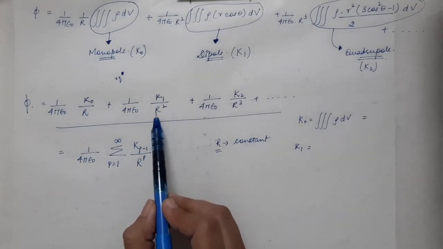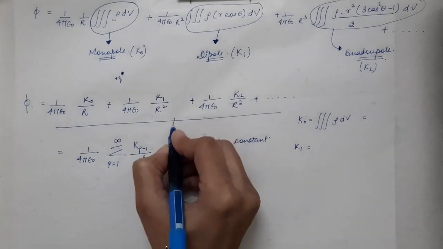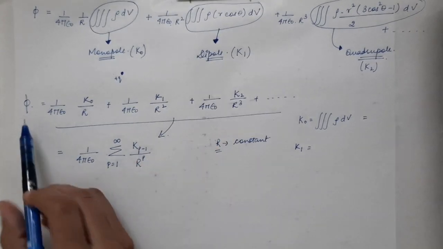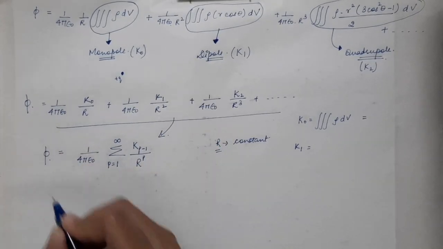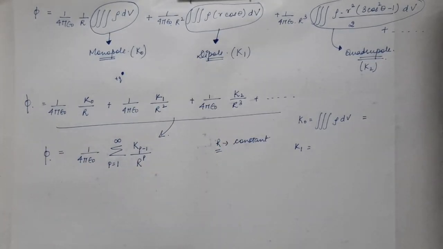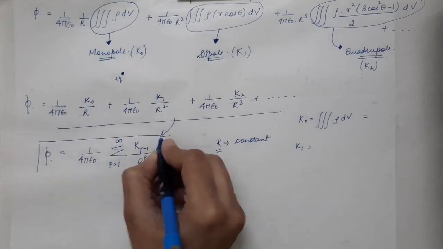So you will get k1 divided by R square. This is how we write the potential due to an arbitrary distribution of charge at any observation point. So this is the final expression of potential.